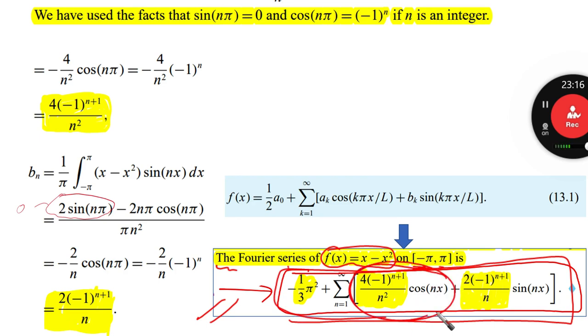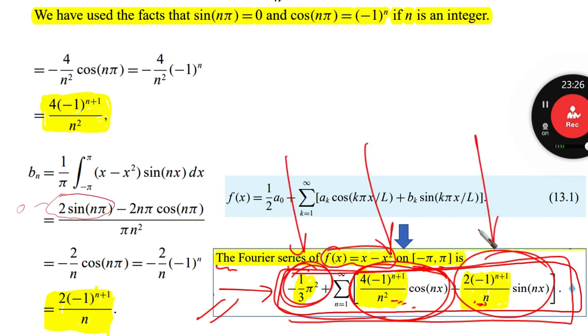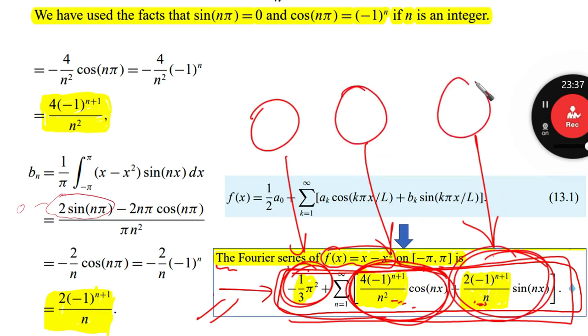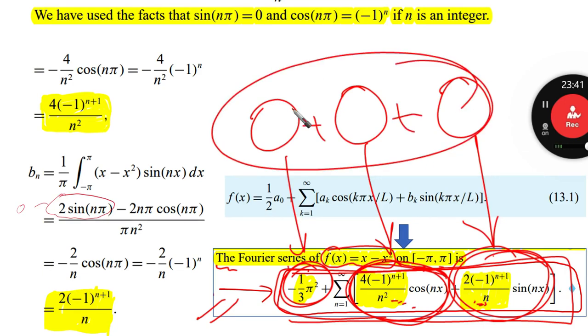Some cosines plus some sines multiplied by numbers, and there is a constant outside. That's it. This is how we are going to work on our function. It is some constant here, another constant multiplied by cosine, and another constant multiplied by sine. These are the 3 components that are going to work for us for this function.